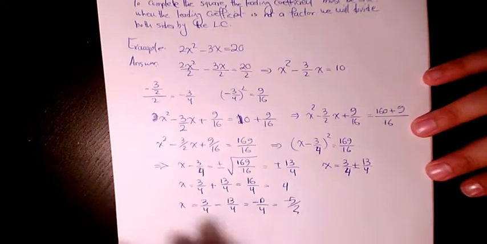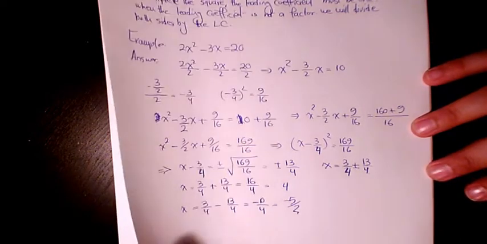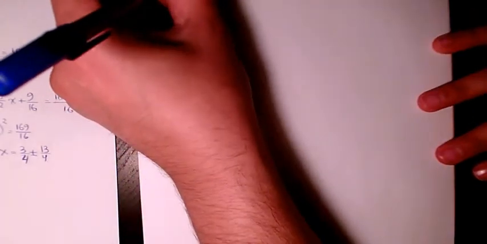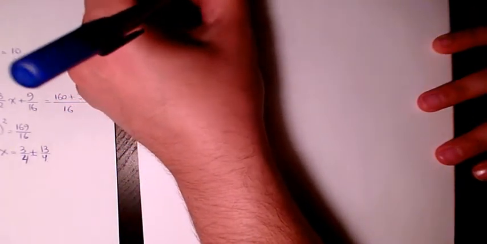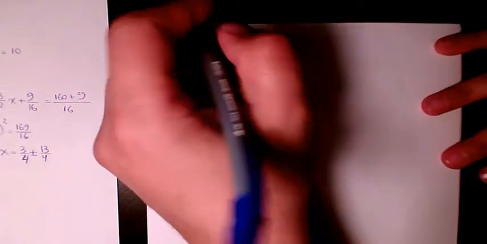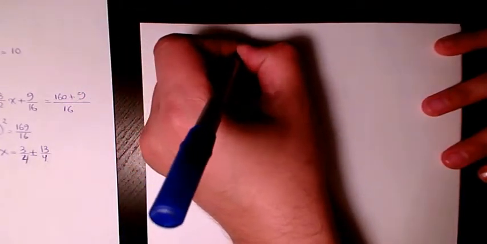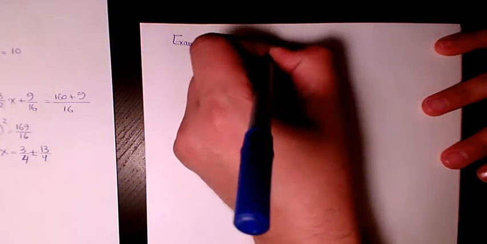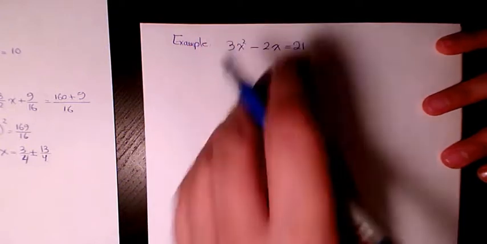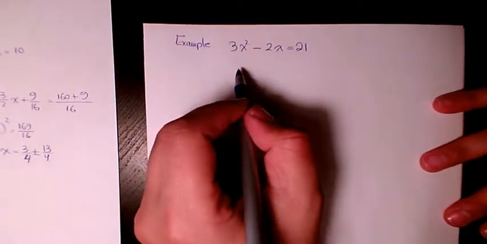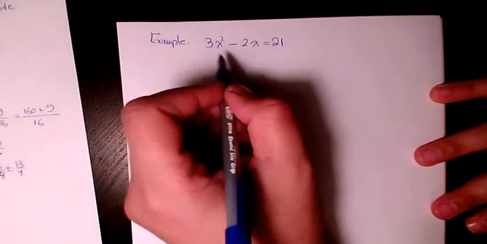Let me show you another example. In this example, we have 3x squared minus 2x equals 21. As you see here, there is no common factor.